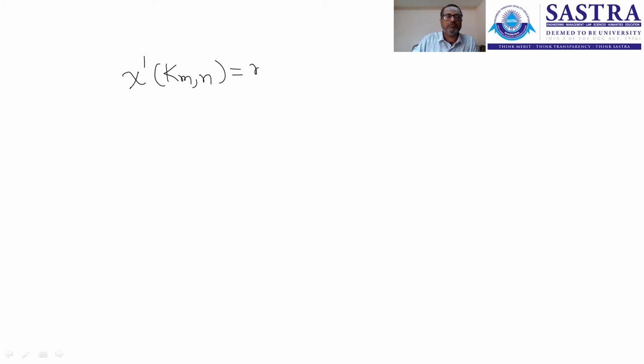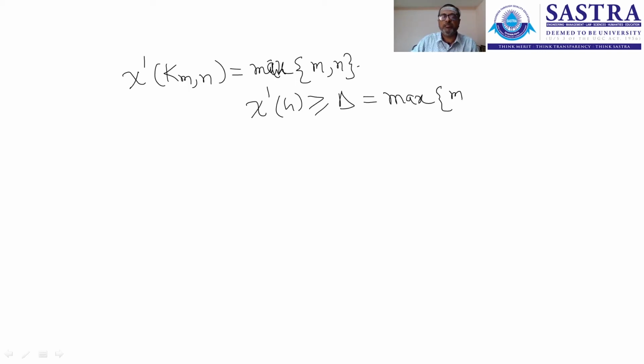It will be the maximum of m comma n, because you are going to have the maximum degree, maximum of m comma n. By Vizing's theorem, chi dash of G is greater than or equal to delta, and this would be the maximum of m comma n.